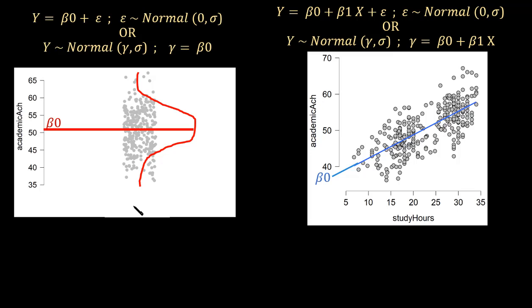Now I want to say that this is the same number of dots as this, and it's actually the same people. Here we have 300 people with a measurement in academic achievement. This here is a translation of that over the study hours. For example, this dot here is the one with the lowest academic achievement. That person is that one in this graph.